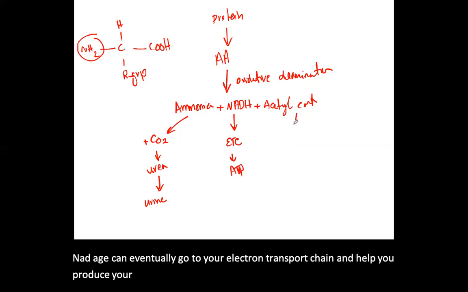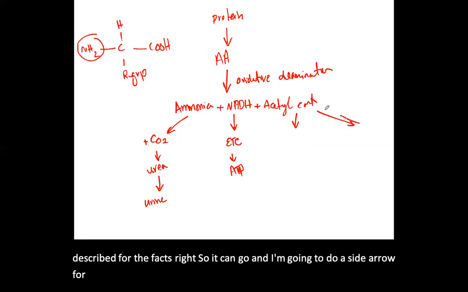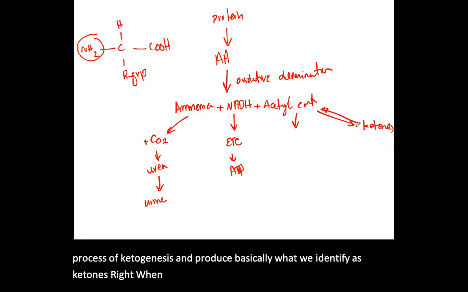And then acetyl-CoA, kind of the same thing as we described for the fats, right? So it can go, and I'm going to do a side arrow for it, a kind of double arrow like we did before. You can go through the process of ketogenesis and produce what we identify as ketones, right? When there is a requirement for transportation.